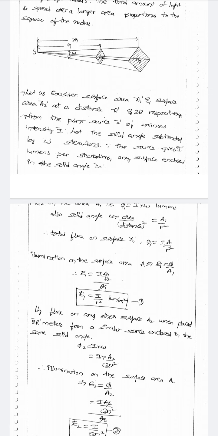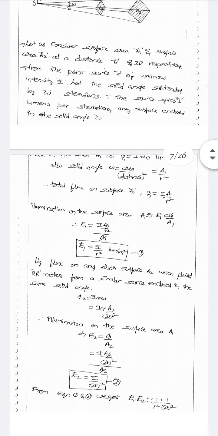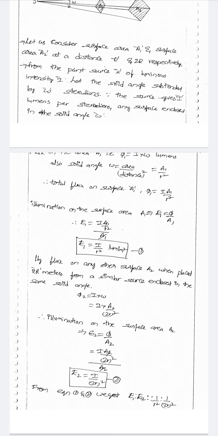So the total flux on surface A1, phi1, is equal to I A1 by r square. Illumination E1 is equal to phi1 by A1, that is I A1 by r square into A1. A1 gets cancelled, so E1 is equal to I by r square lumens per meter square.